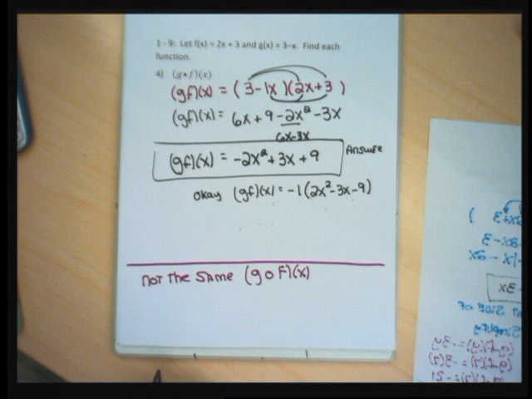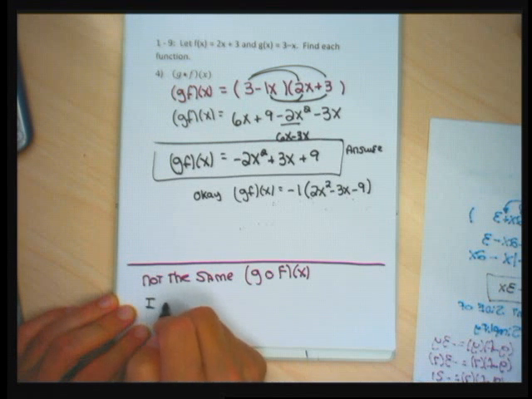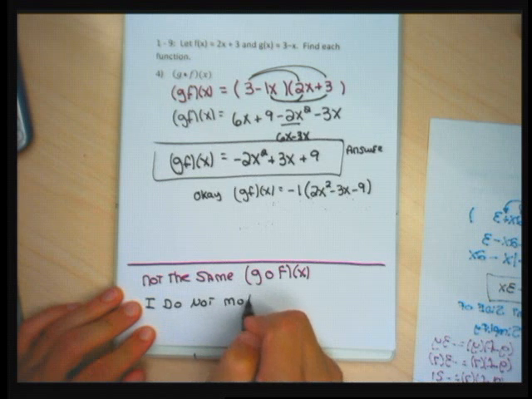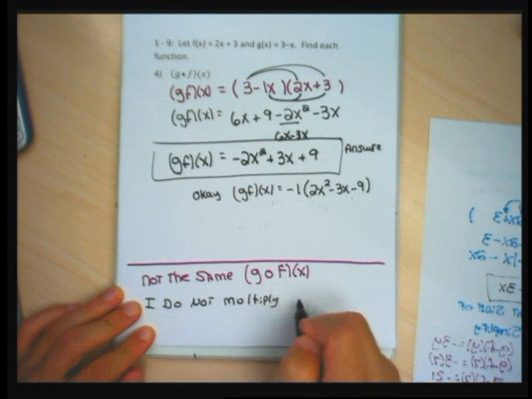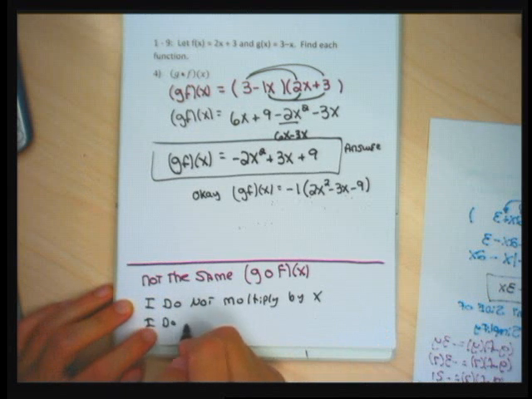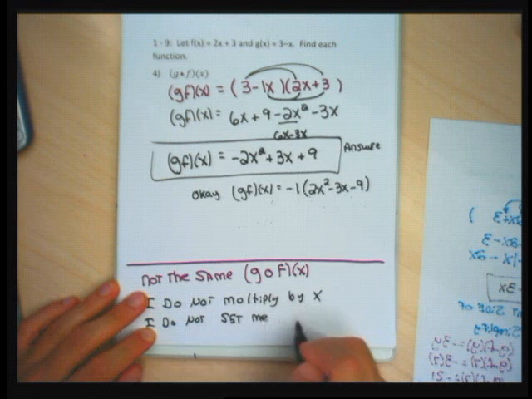What would be wrong is if I multiplied by x or if I tried to set it equal to 0. So notice I do not multiply by x, and I do not set my answer equal to 0 and solve for x.